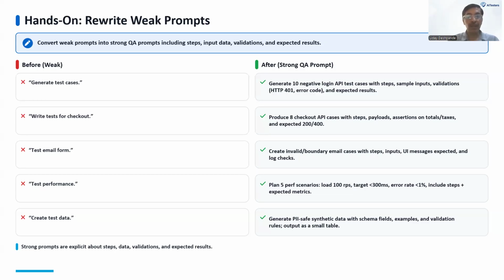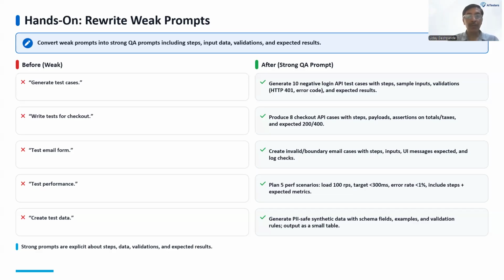Fifth, "create test data" becomes "generate privacy-safe synthetic data with schema fields, examples, and validation rules. Output as a small table." This is a great use case. Generating test data that is realistic but does not expose real user information.